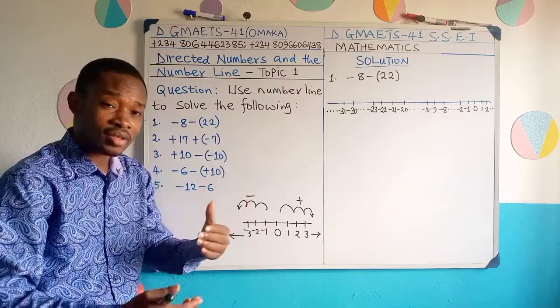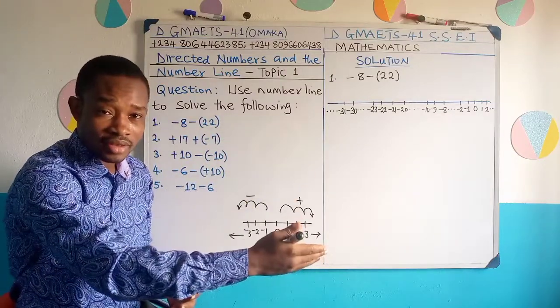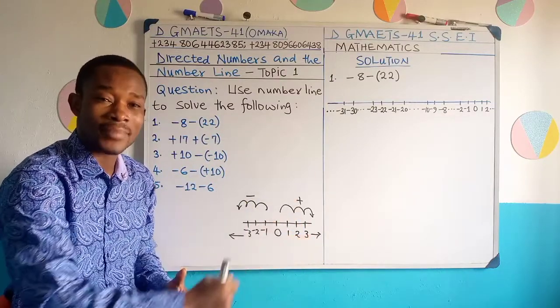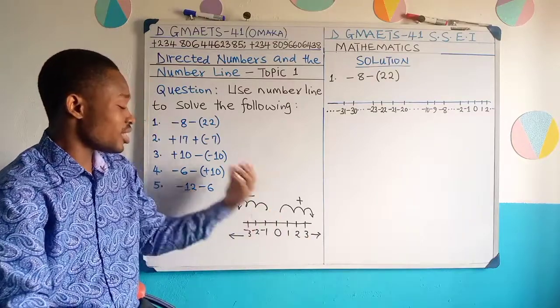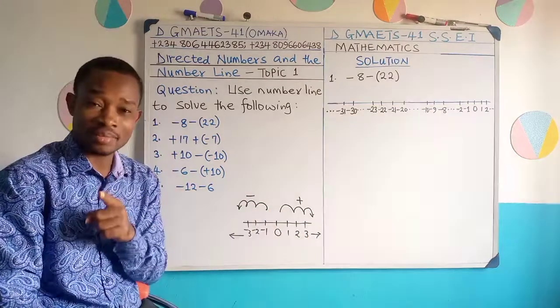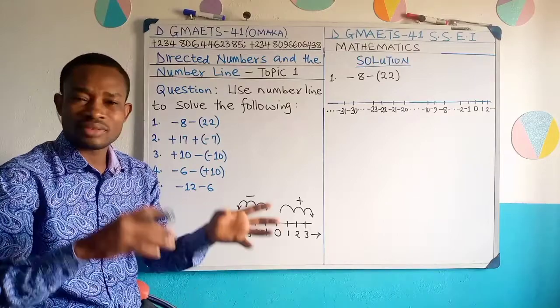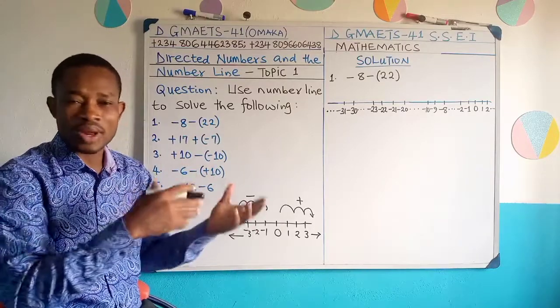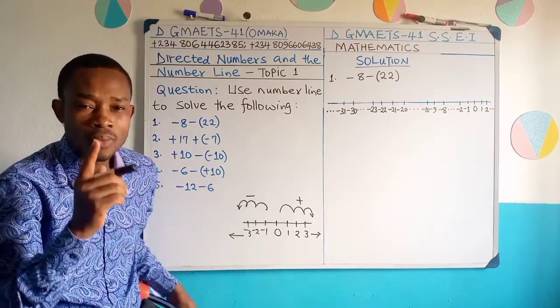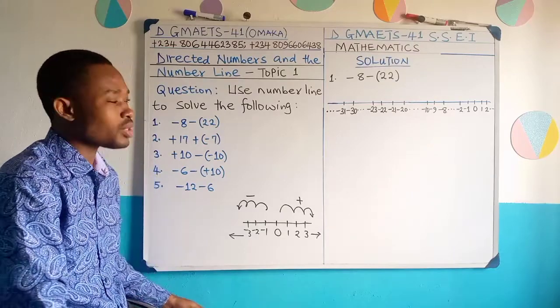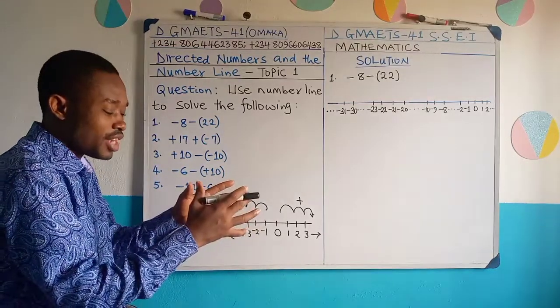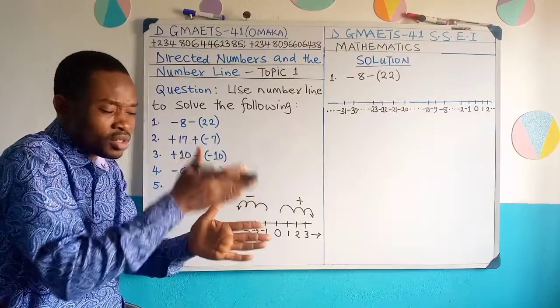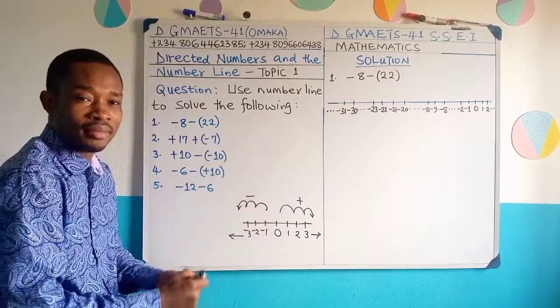If you see plus, the direction is towards the right of the number line. If you see minus, the direction is towards the left of the number line. So, since directed number is all about plus, minus, what should we know when plus and minus are arranged such that they follow each other immediately? There is no sign, no number between them.